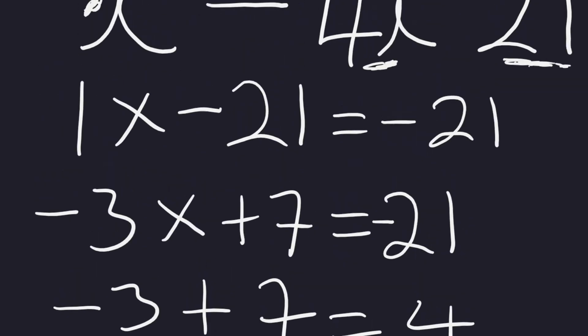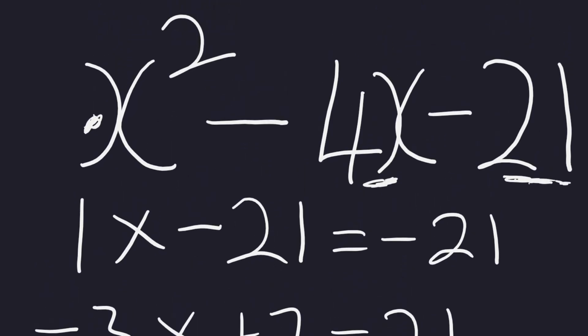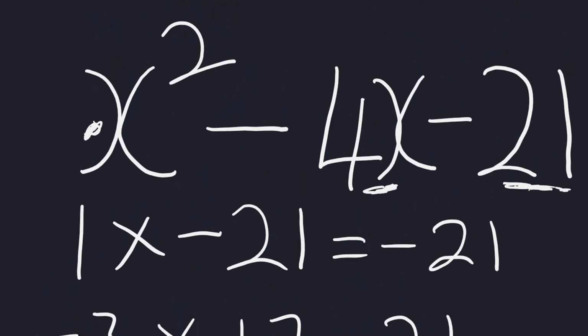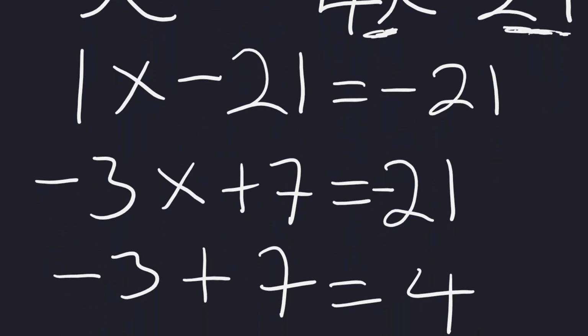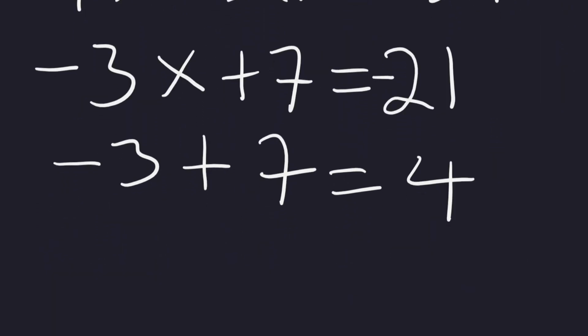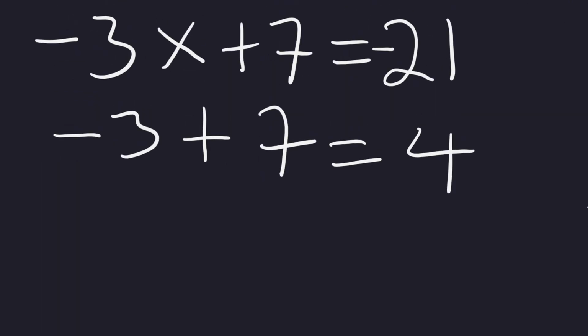Does this satisfy the requirements? No. It satisfied one of them, but it didn't satisfy the other one. So it's not useful. So we're going to throw that to the garbage. Right? So let's go further. So I'm going to use the same numbers but different signs. These two right here are garbage.